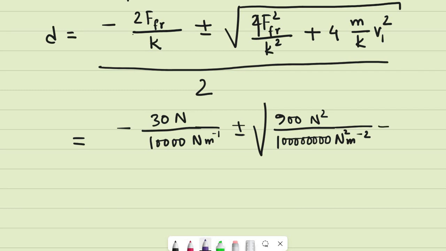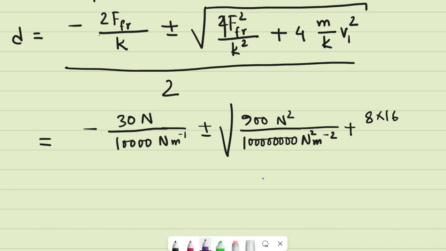Then plus 4 times the mass, 2 kilograms, so 8 kilogram. The velocity was 4 meter per second, so v squared is 16 meter squared per second squared, all divided by k, which is 10,000.